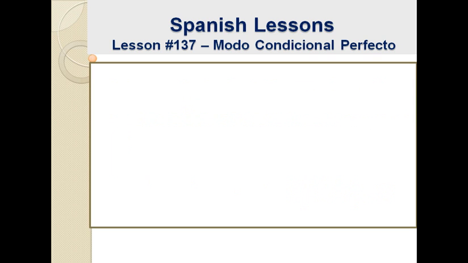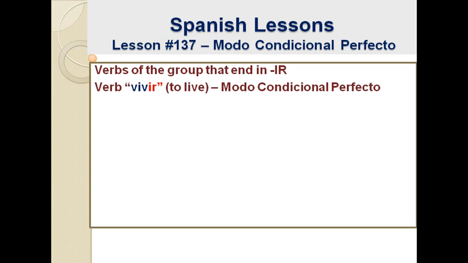So now let's see the last group of verbs, the verbs that end in ir, and this is the smallest of the three groups. And it's also the group that has more irregular verbs. But let's practice with a regular verb, that is the verb vivir, or to live.